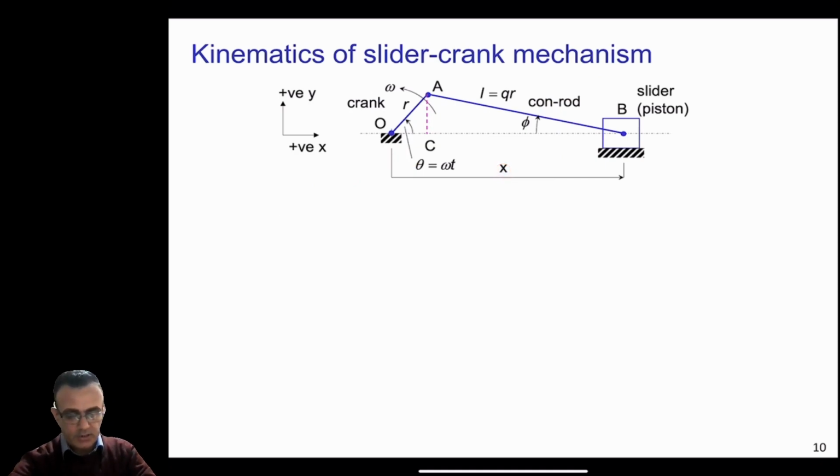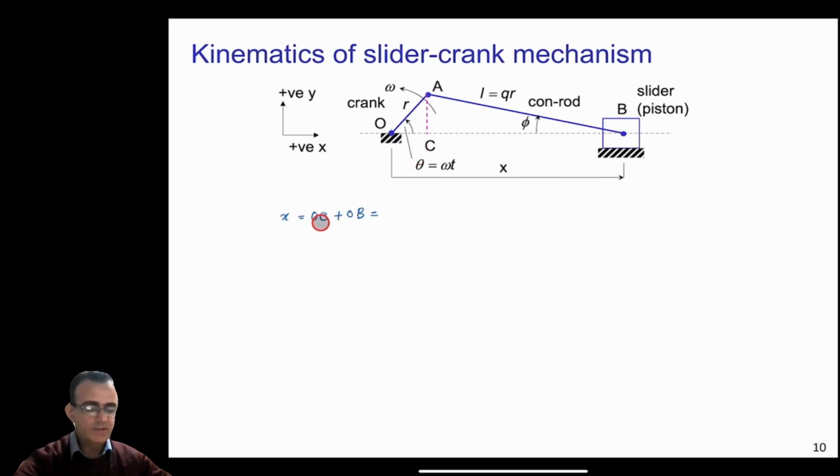If you look at the diagram, x is equal to OC plus CB. OC is the distance from here to here, and CB is the distance from here to here.